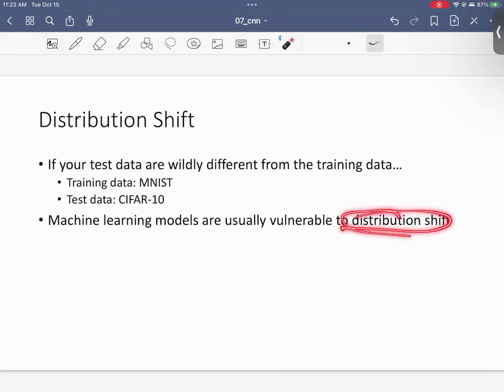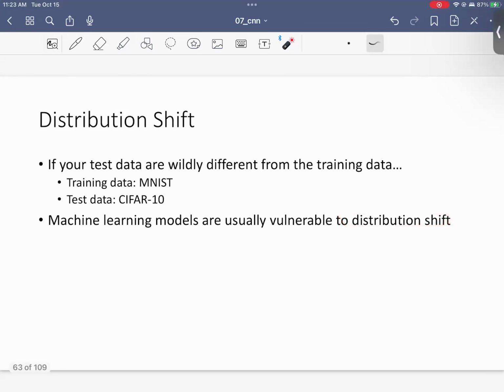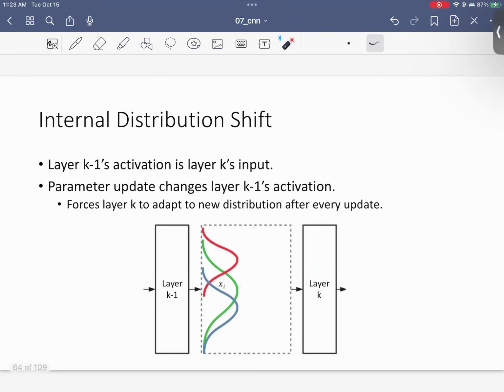This is called distribution shift: your training distribution and your test distribution are vastly different. Machine learning models are very vulnerable and don't handle distribution shift well. It's really hard to handle. This kind of distribution shift also happens internally inside a model, which we call internal distribution shift, and this is what motivated batch normalization.